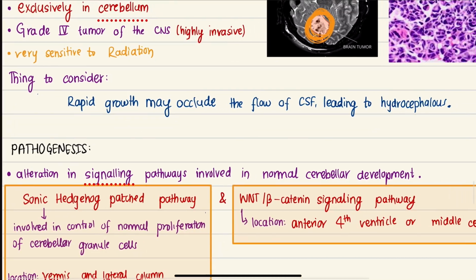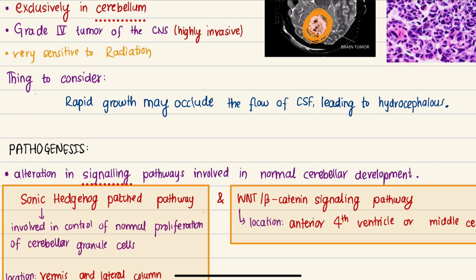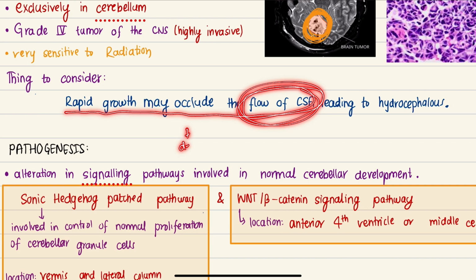Now let's move on to one of the other features. Normally these are just tumors, but another condition it may result in is that rapid growth of the cells may occlude the flow of CSF since it is developing in the cerebellum.